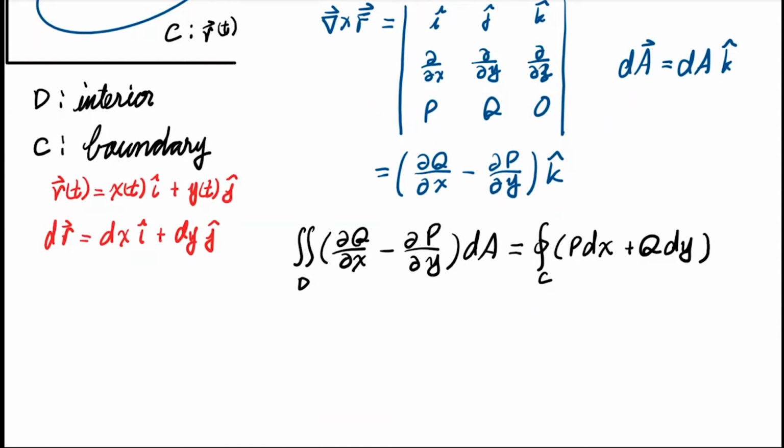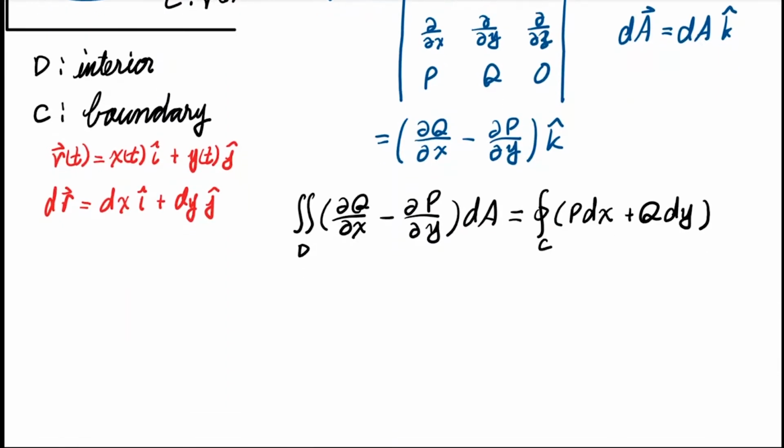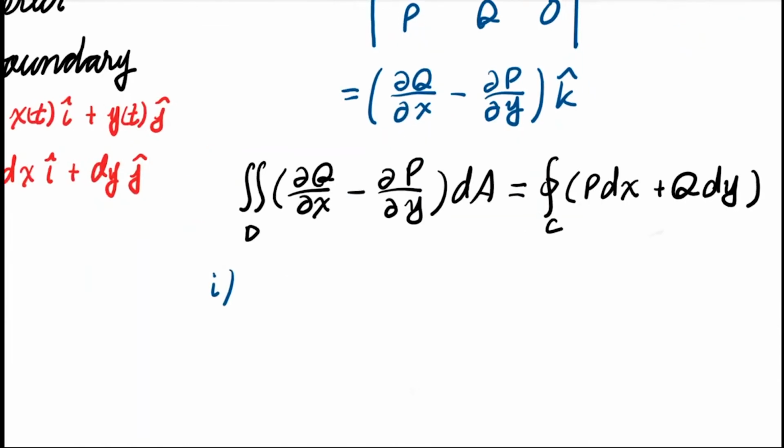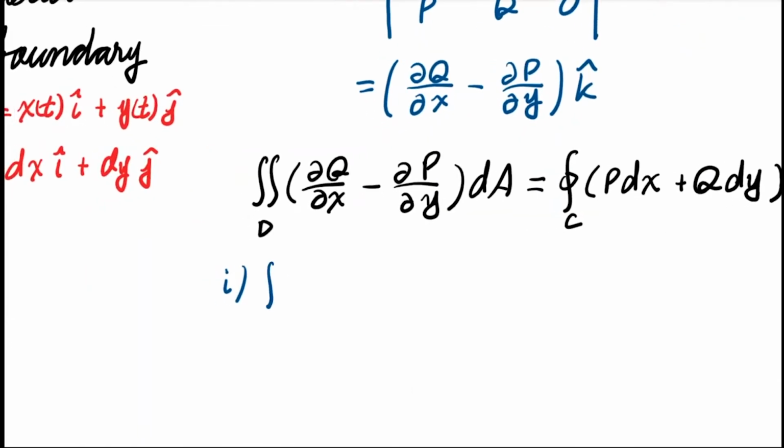Now, this thingy, I'm going to break it down, okay? This thing has statement 1 and 2. I'm going to put it right here, statement 1. Here's a double integral of partial Q partial x, okay?